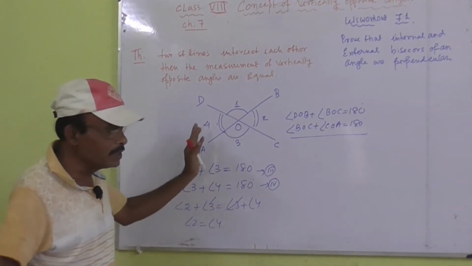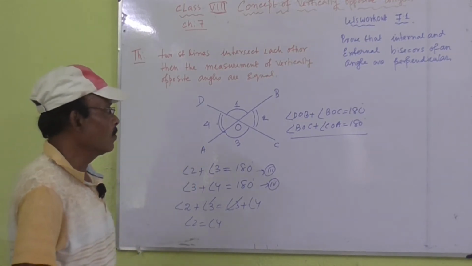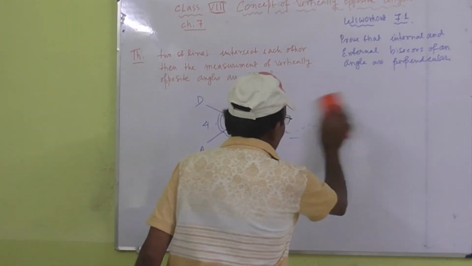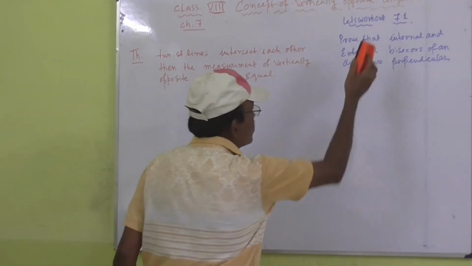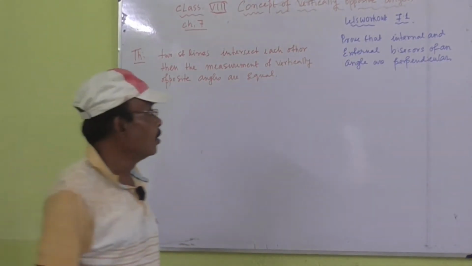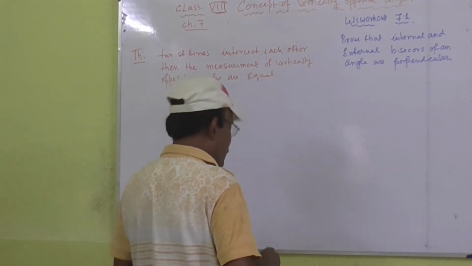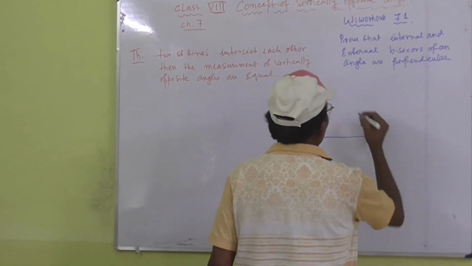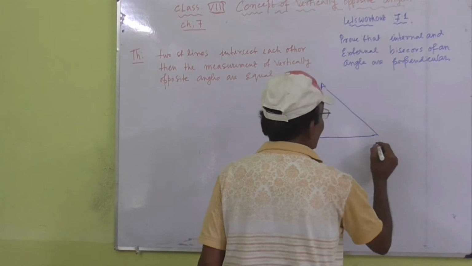Now with the help of this theorem, that means the vertically opposite angles are equal, we have to prove the sum, the workout. This workout is to prove that the internal and external bisectors of an angle are perpendicular. Let us take, this is an angle.